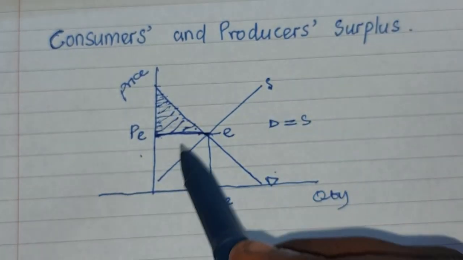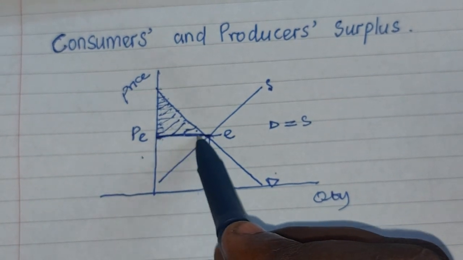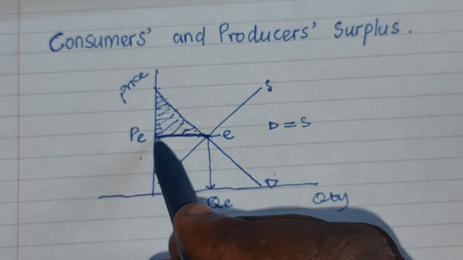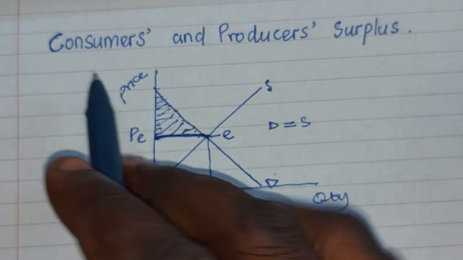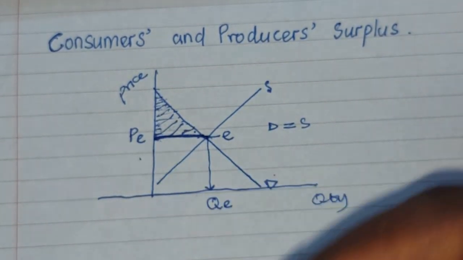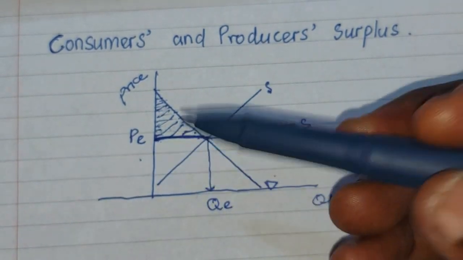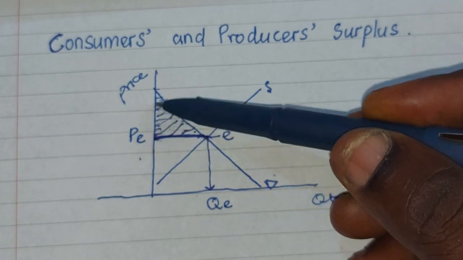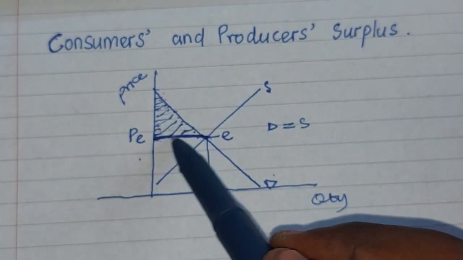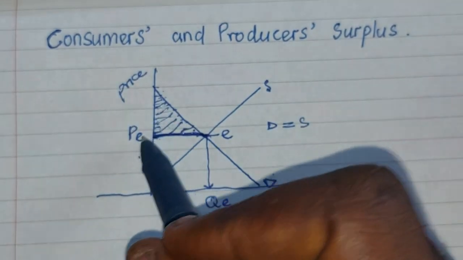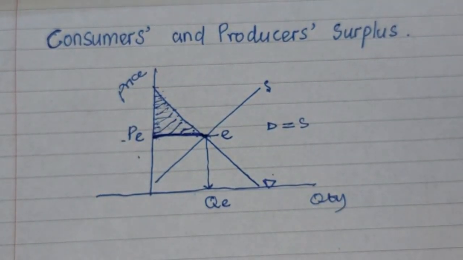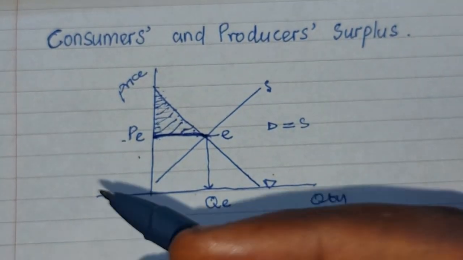Now, if we have an equilibrium price that has been fixed, on getting to the market, the consumers are willing and have the capacity to pay a higher price, but the price has been fixed at a lower price than what they are able to pay.